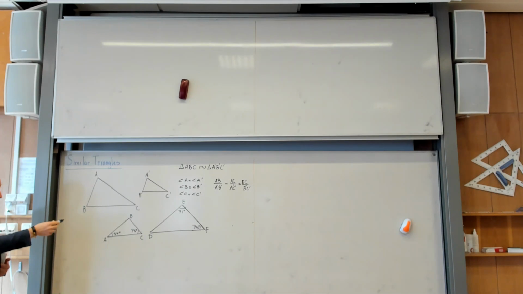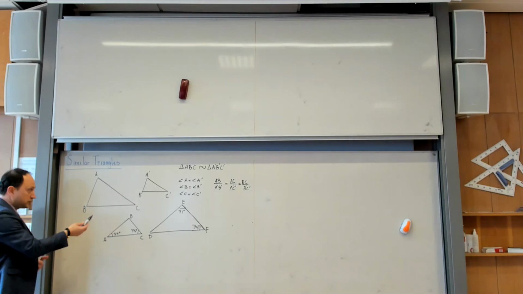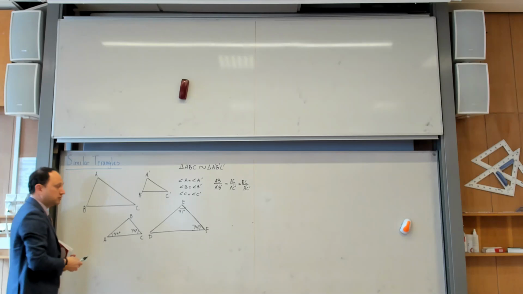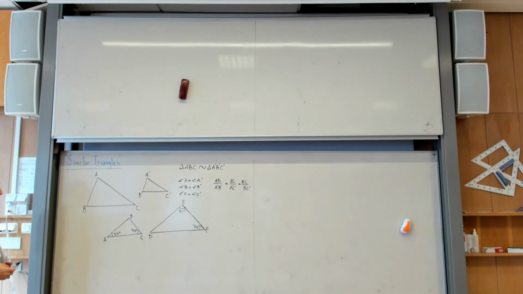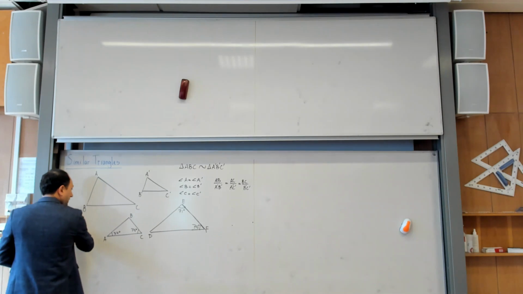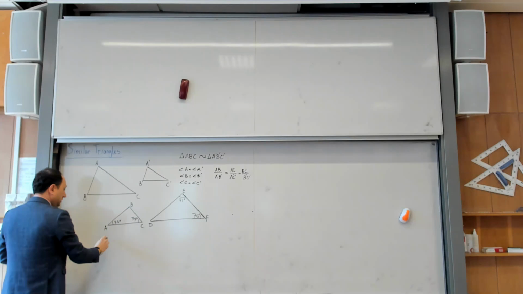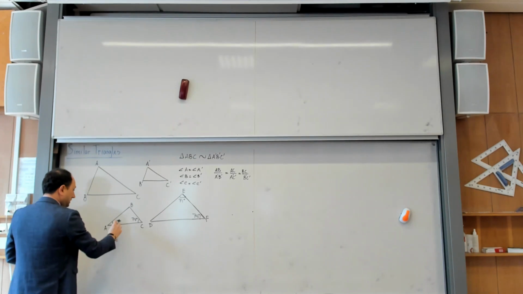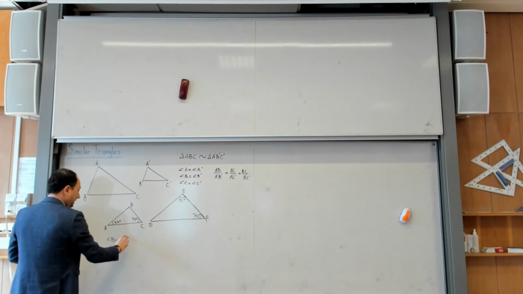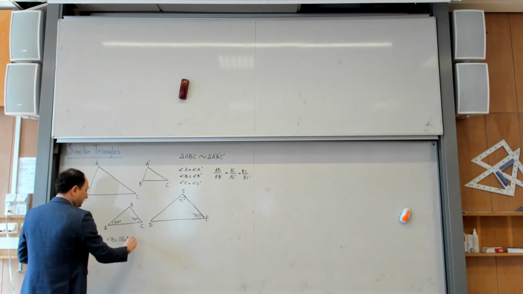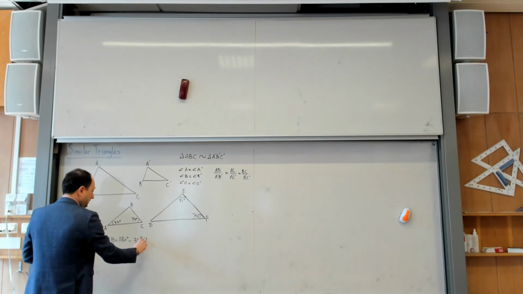I want to see if these 2 triangles are similar or not. So what I'm supposed to do, in principle, I have to calculate the third angle to see if all angles are equal. So for example here, if I want to calculate this angle, this becomes what? 180 minus 34 degrees and minus 75 degrees.